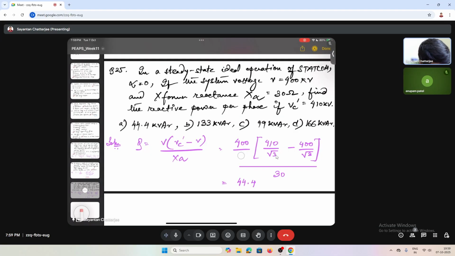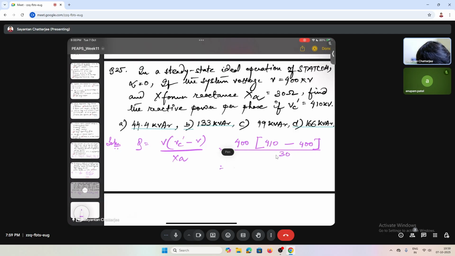So I think option B is right, what they have mentioned. I was also confused, so I wanted to check once. So option B is correct, not A.